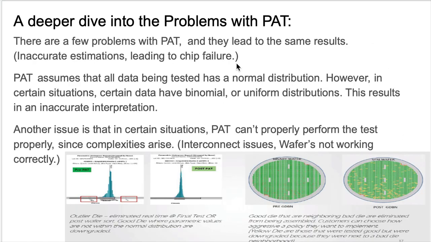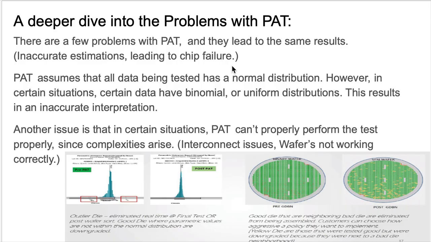So now I'll dive deeper into the problems with PAT. There are a few problems with PAT, but they all pretty much lead to the same outcome, and that is that there are inaccurate estimations, and this leads to the chips failing. So one problem, for example, is that PAT assumes, on its own, a normal distribution of data.